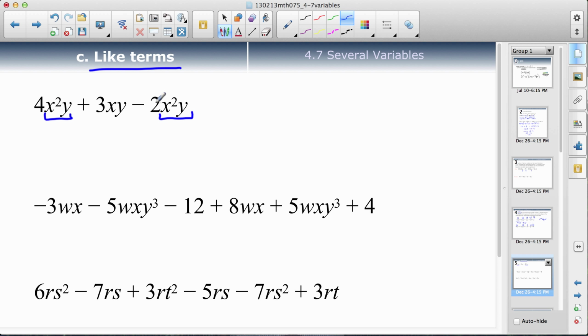So I'm up 4 and I lose 2, so I'd be up 2x squared y's. There's nothing to go with this, so I would just write it as is. For this one, wx, there's a wx, so I can combine those two. Down 3, gain 8, so I'd be up 5 wx's. And then wxy cubed.